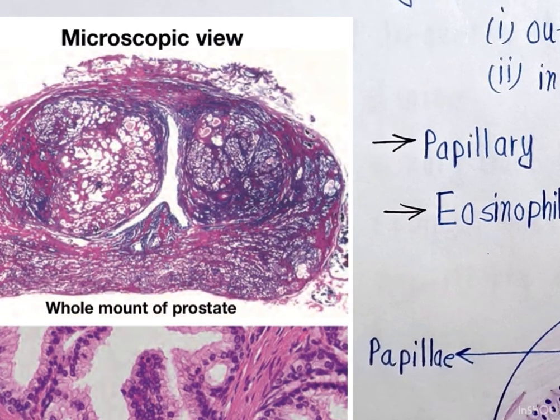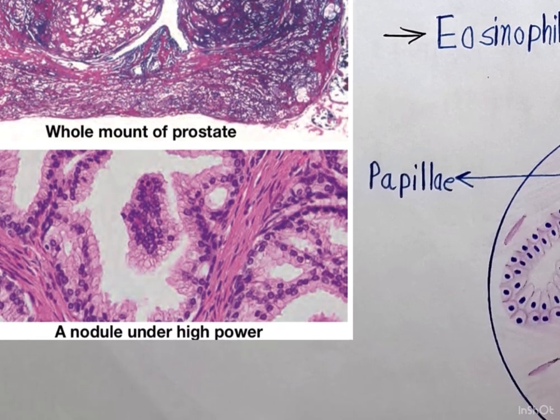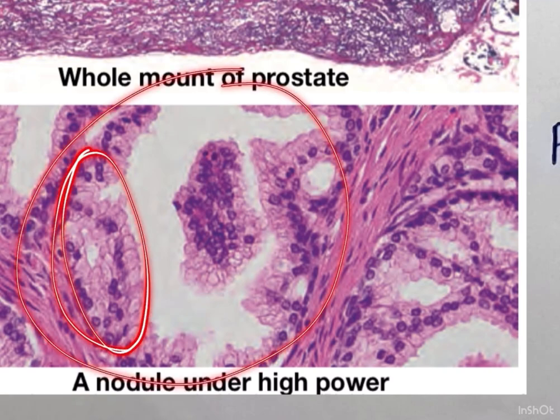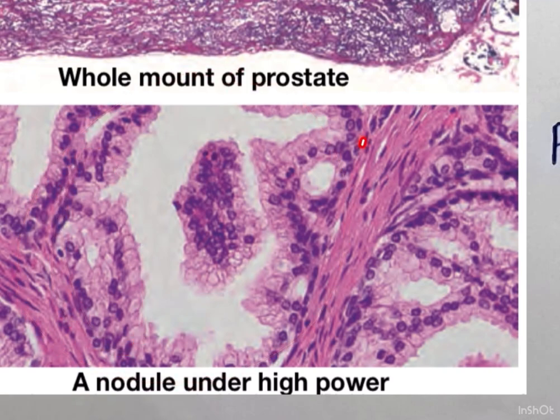You can see the urethral orifice is compressed into a slit-like opening due to the hyperplastic nodules present on both sides of the urethra. And this diagram is showing the high power view of a single hyperplastic nodule. Here you can see corpora amylacea in the center, and the glands are lined by two layers of cells, and at some places the gland is showing infolding leading to formation of papillae.